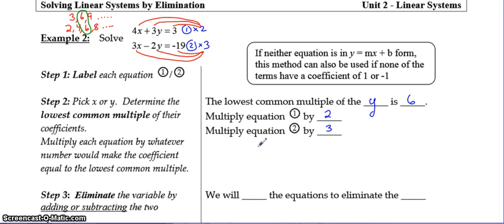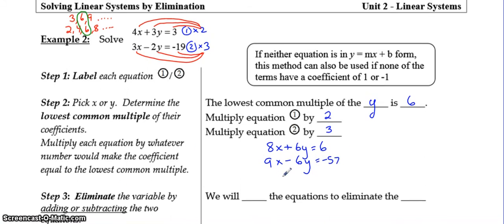So equation 1 becomes 8x plus 6y equals 6. And equation 2 becomes 9x minus 6y equals negative 57.